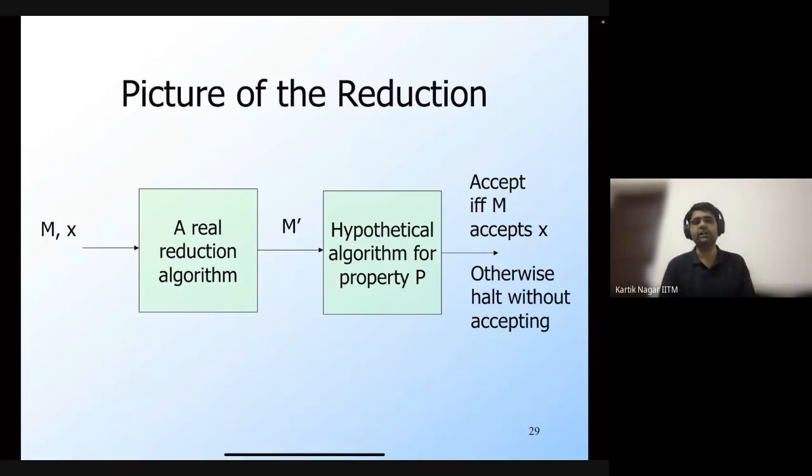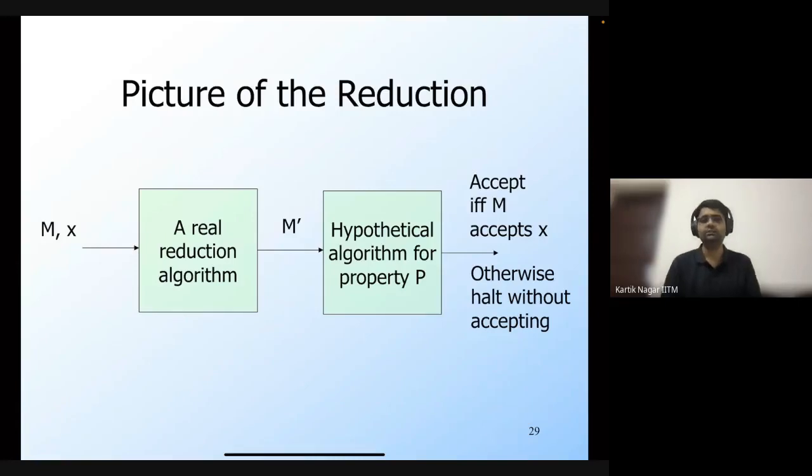So if M and X are yes instances of the membership problem, then M prime should be a yes instance of the property checking problem, which means the language of M prime must have the property P. And similarly, if M and X are no instances, which means X does not belong to L of M, then M prime should not satisfy the property P.